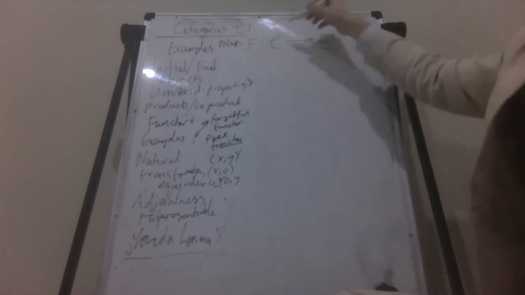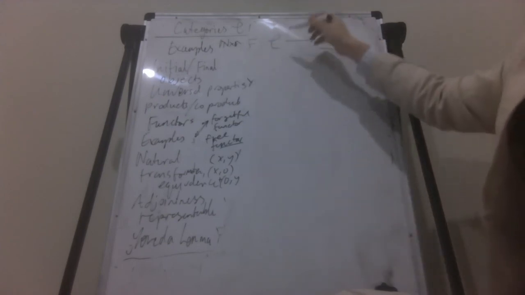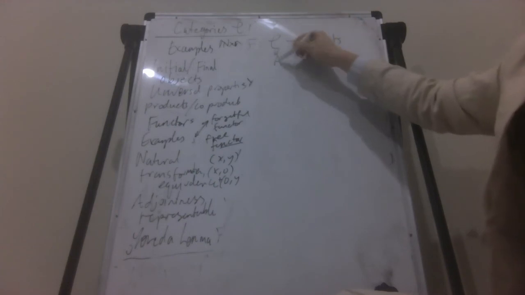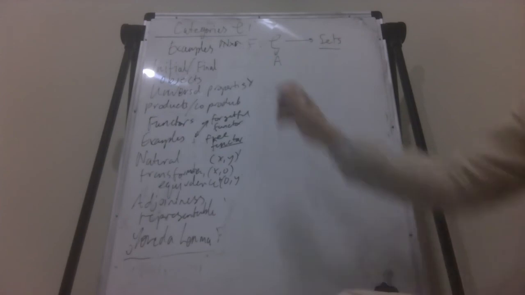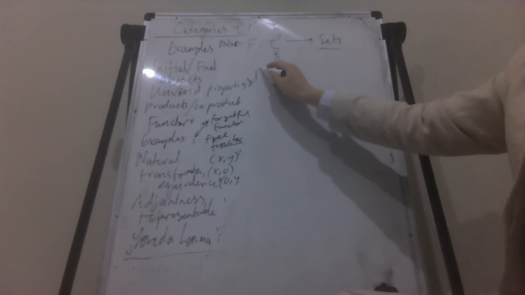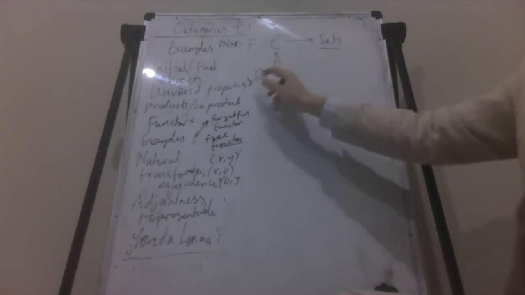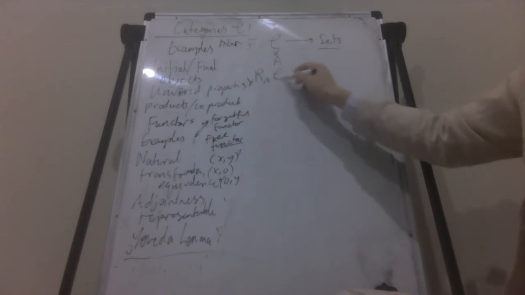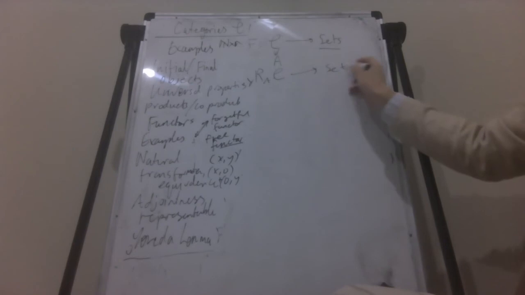And then you have an object, and you take any object in this category, like A, okay? And then you have another functor, let's call it R sub A, right? Also going from the category to sets.